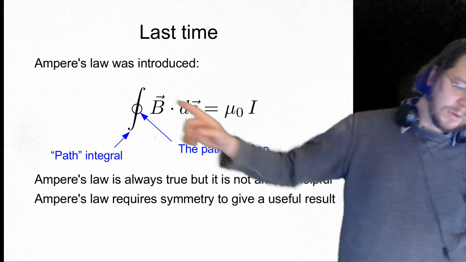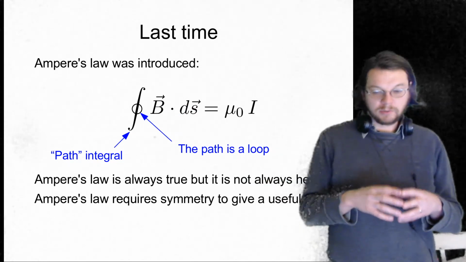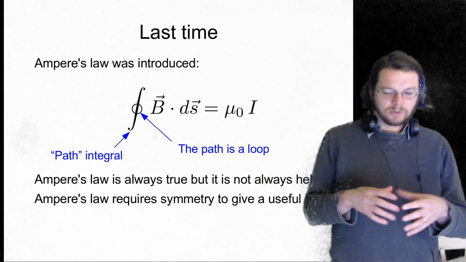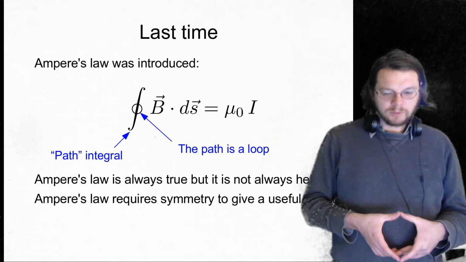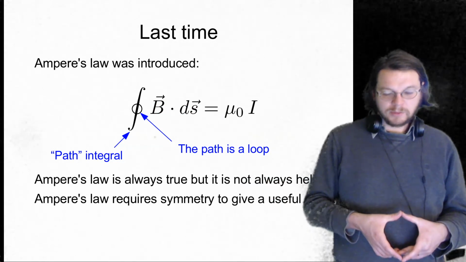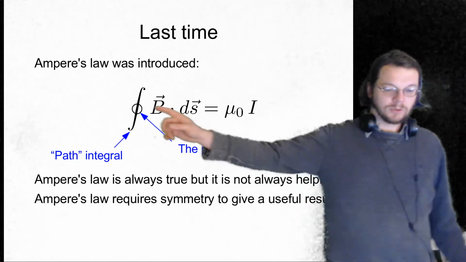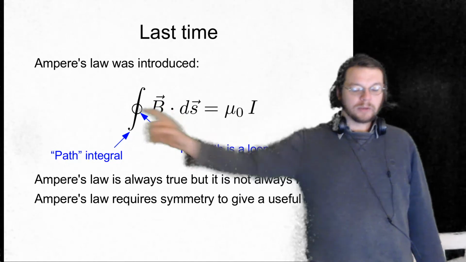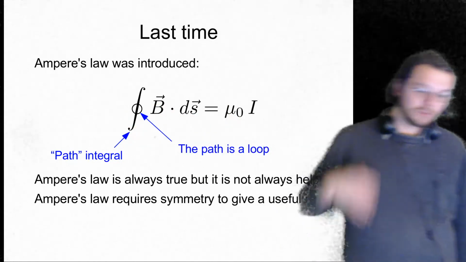So it's useful when, for example, you can integrate something around something. So we had an example of a long wire last time, and if you stay the same distance from that long wire, then by symmetry it would make a lot of sense if the strength of the magnetic field would be the same on that path that you're going, in which case you can take B outside of this as a constant and then integrate it over this, which just becomes a circumference.